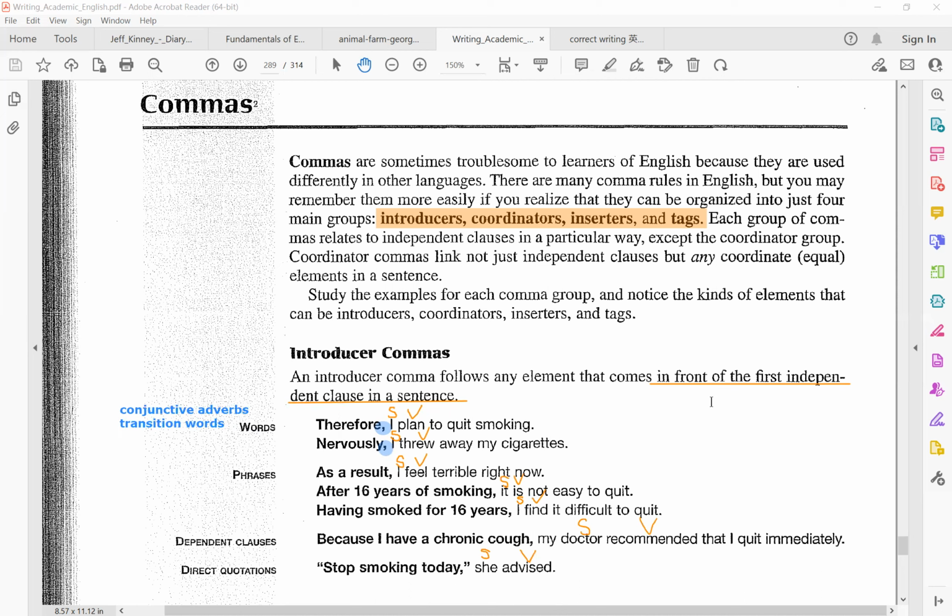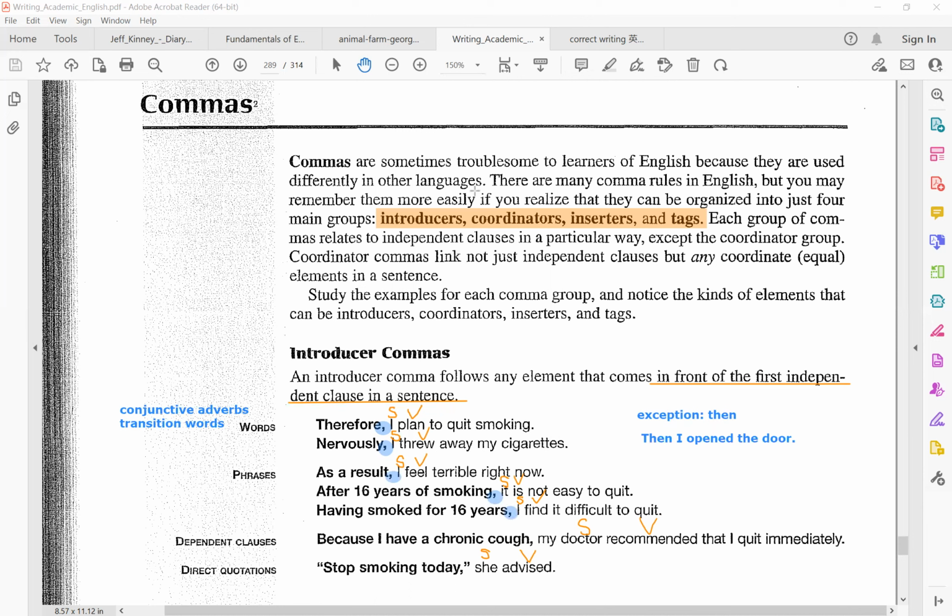So most of the time when you want to use a transition word to start a sentence, you need an introducer comma. All right, and the next 3 examples, as a result, after 16 years of smoking, and having smoked for 16 years, these are phrases, right?